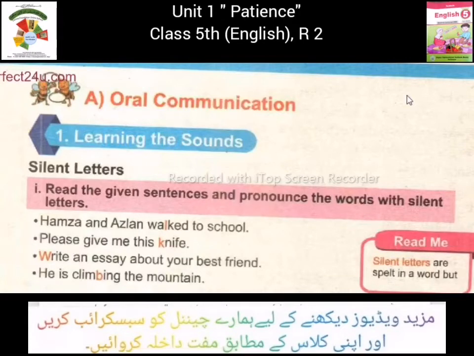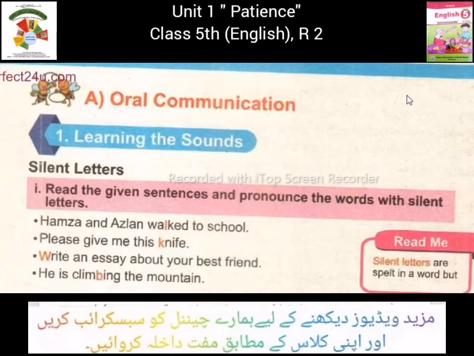For example, in the word sword, the spelling is SWORD. In this word, the letter W is a silent letter, because when we pronounce this word, we will not pronounce the W. That is, we will pronounce the word as sord, not as sword.